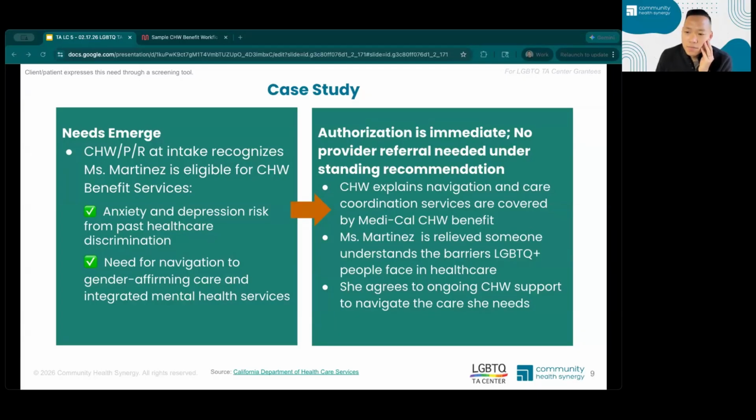Youth can access all of these services, and there's this really great minor consent rule where parents and guardians cannot be contacted about the youth's receipt of these services. That's really important to consider.